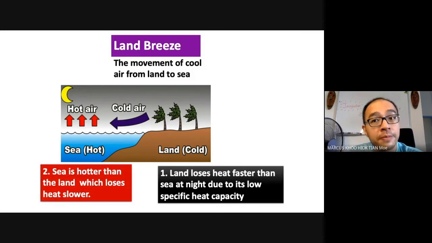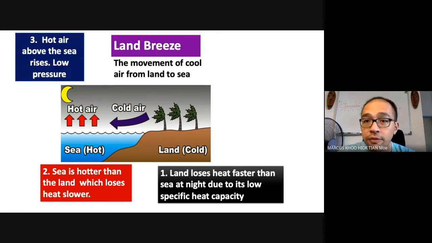This is true. At night, when you go into the water, generally it is still much hotter than the sand. Because the sea water takes a very long time to become hot, but it also takes a very long time to become cool. So because of that, the roles have reversed. The hot air now belongs to the sea, and hot air always goes up.